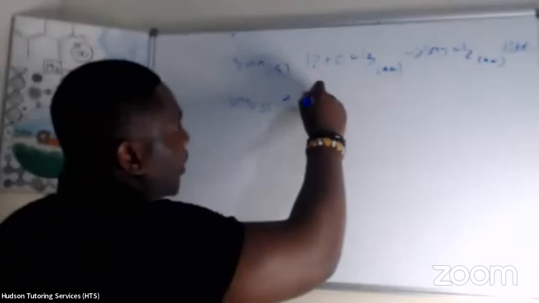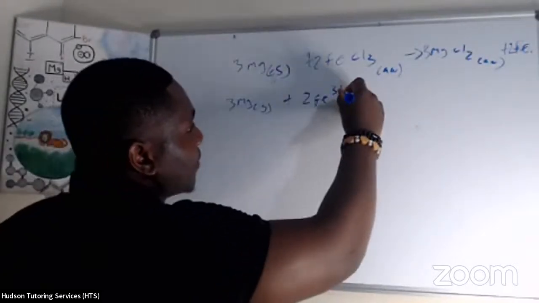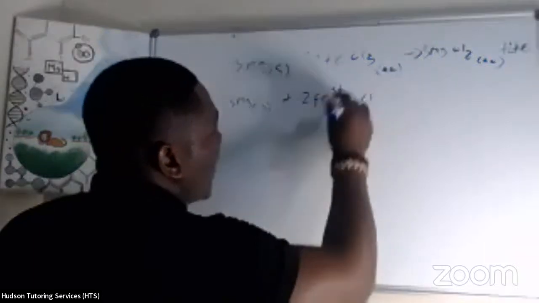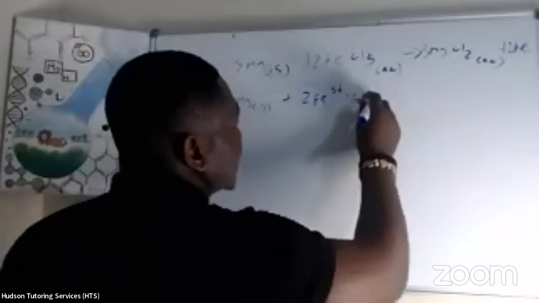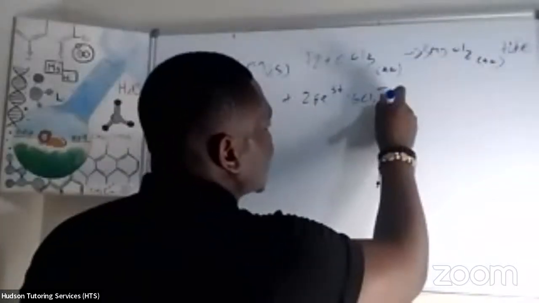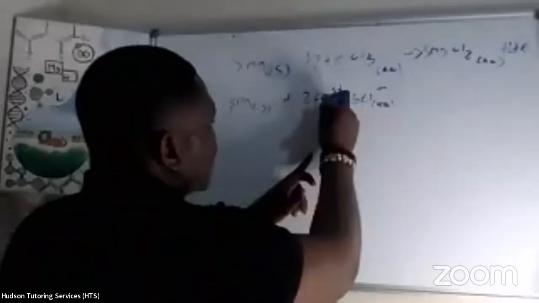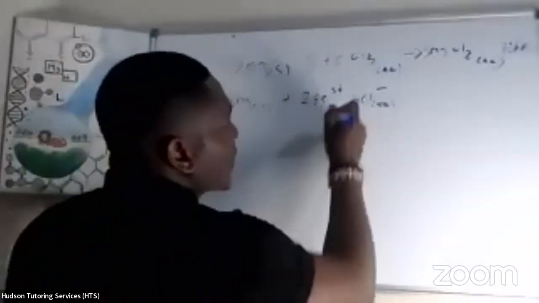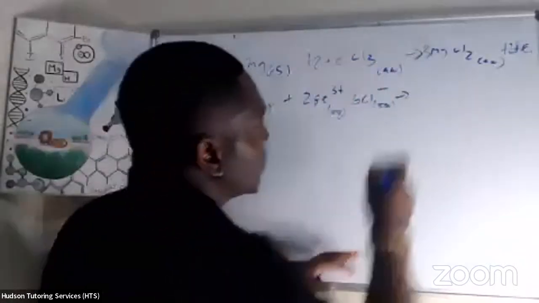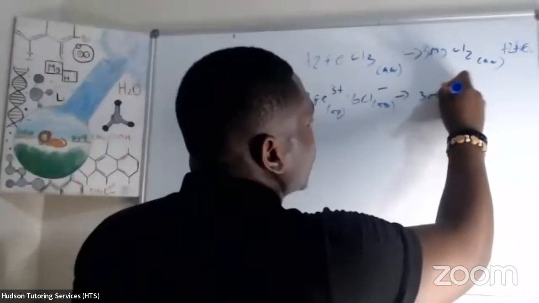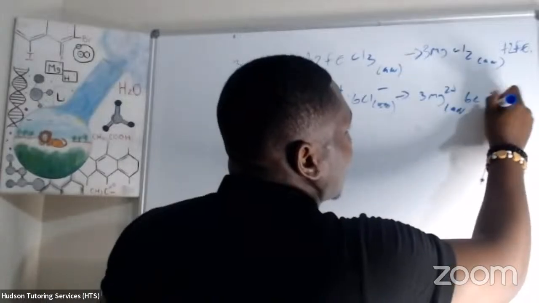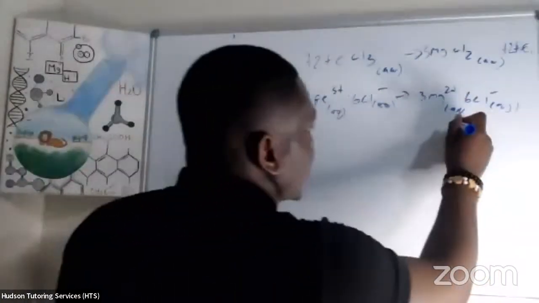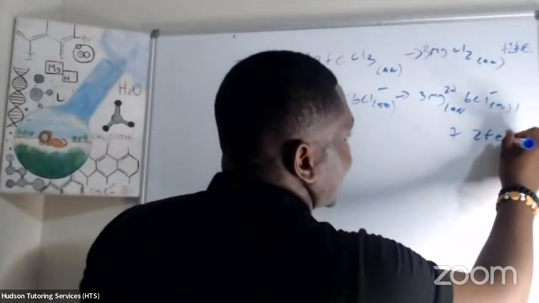So it will be 2Fe3 plus, plus 6Cl minus, because 2 times 3 is 6, aqueous. This is also aqueous, so we're splitting the ions. And this gives 3Mg2 plus, and again 6Cl minus aqueous, and 2Fe in solid state, of course.